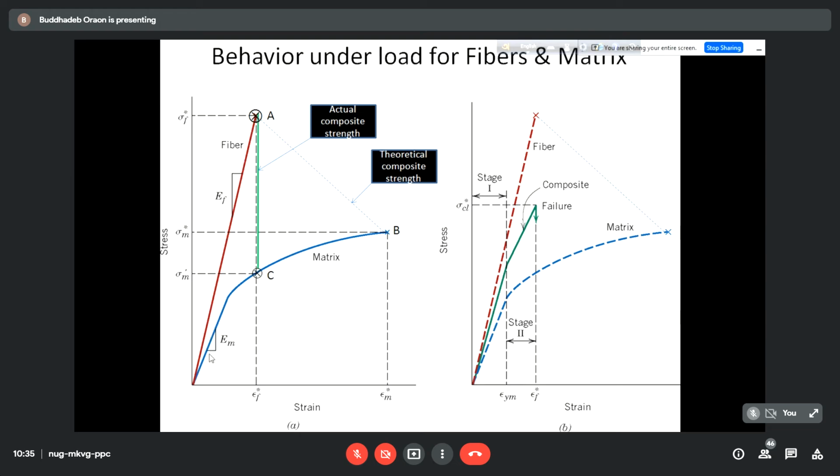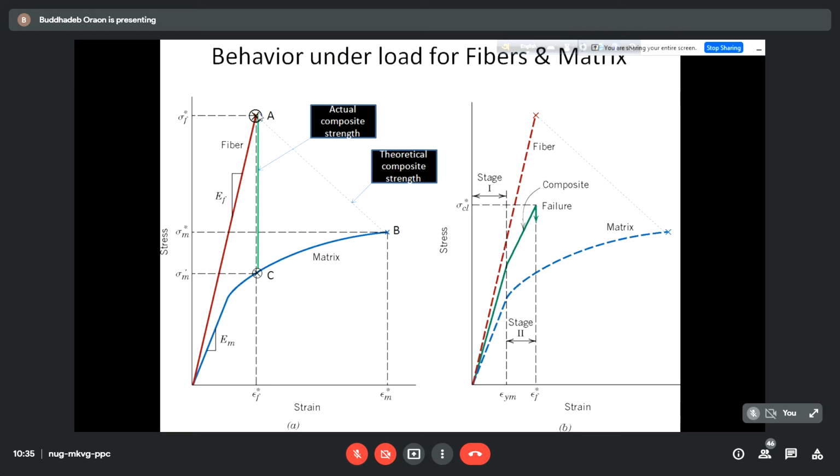As you can see from the stress strain diagram, it is linear. If you draw the stress strain diagram of the fiber, stress and strain will be related by a linear graph. It starts, and finally at a certain level the fiber also fails individually.